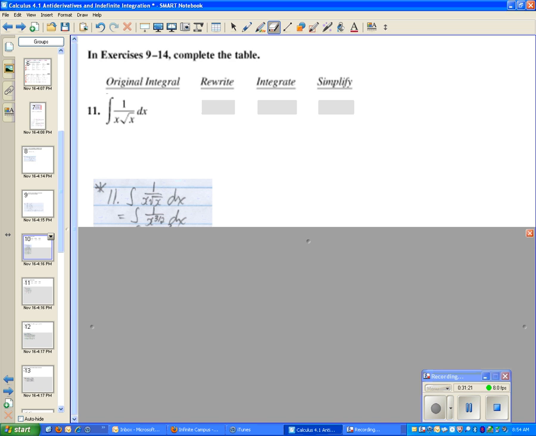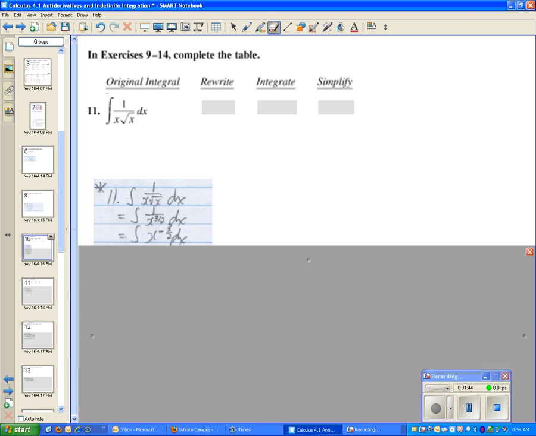But we don't have, and in fact never will have, any type of quotient rule for antiderivatives. So we can't handle that because the x is in the denominator. We just can't. All right, but if I make that x to the negative 3/2, I solve that problem, don't I?